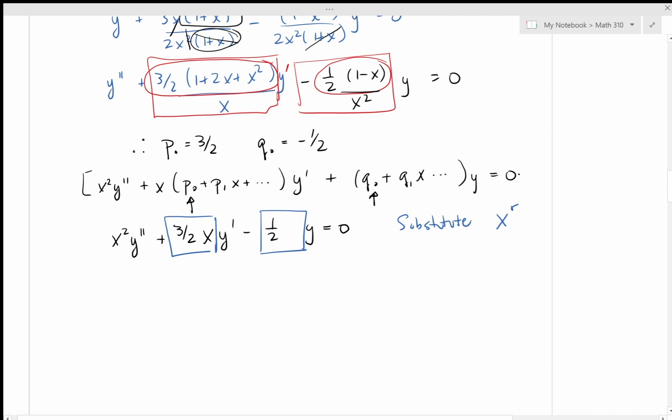That gives the solution to this corresponding Euler equation, and I get what we would typically have called the characteristic equation when we had constant coefficients and substituted e to the rt. Now we're substituting x to the r, so we call this the indicial equation.